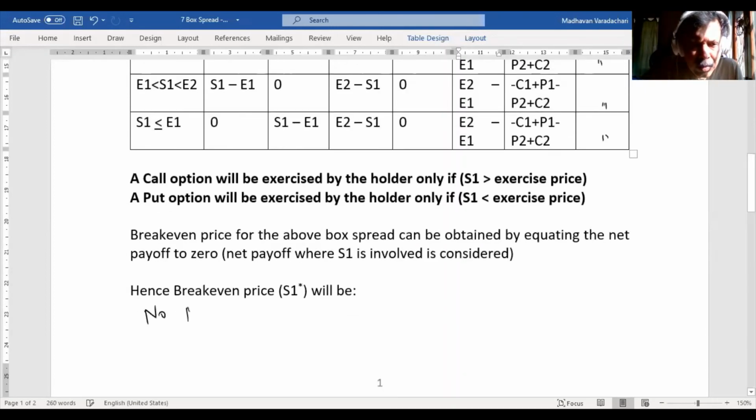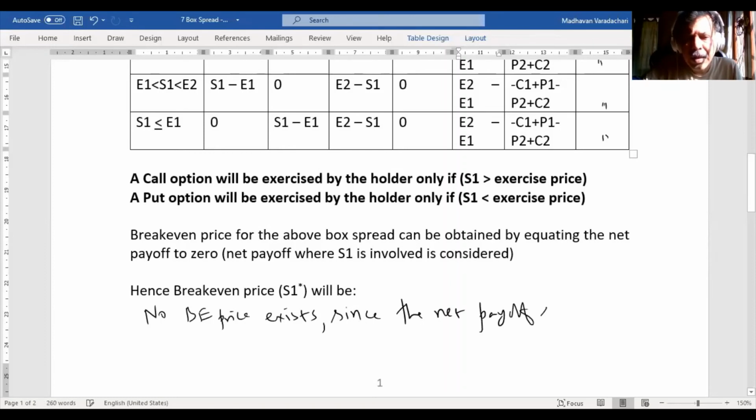No break-even price exists since the net payoff is independent of S1.